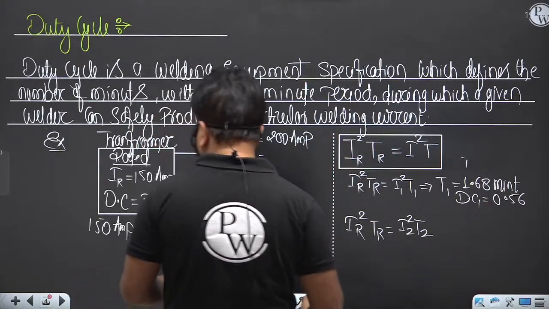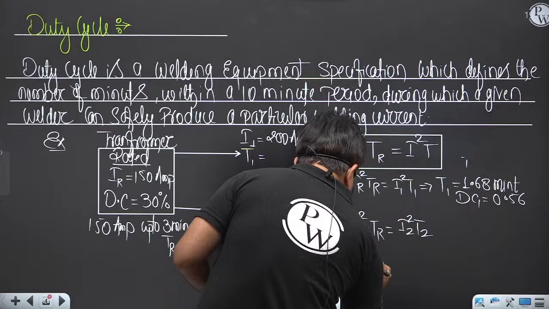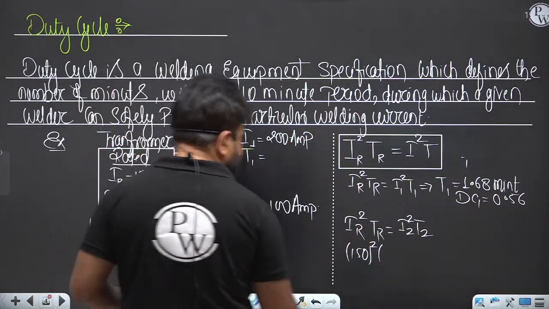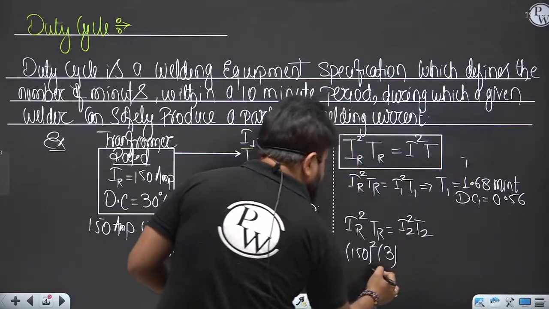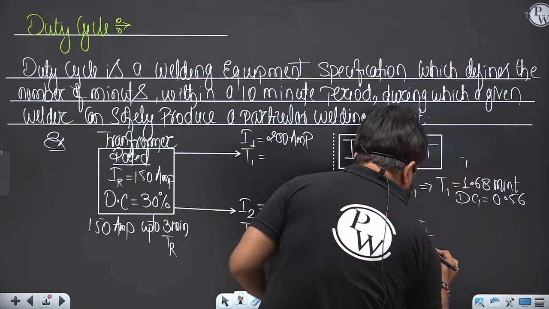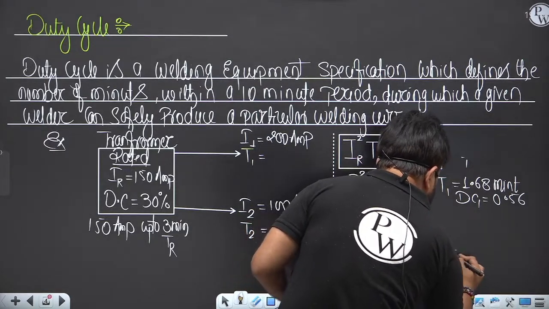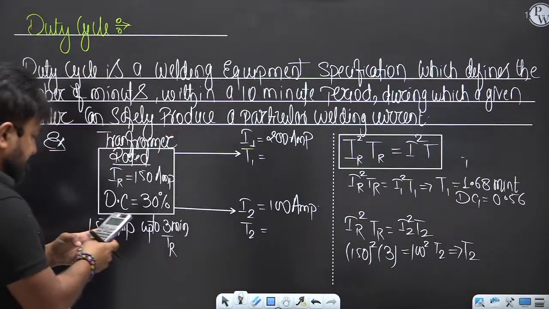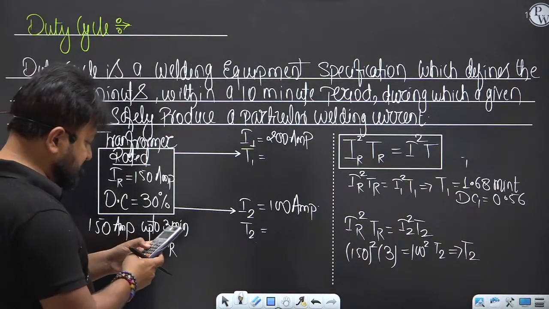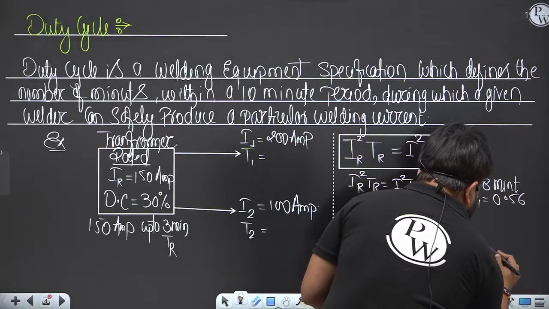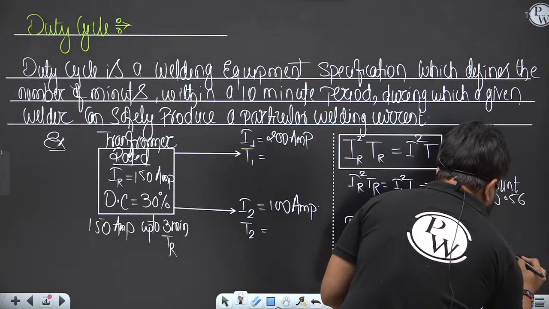So here the rated current is 150 squared, the rated time is 3, and I2 is 100 ampere squared. So T2 will be 150 divided by 100, squared, into 3, which is 6.75 minutes.